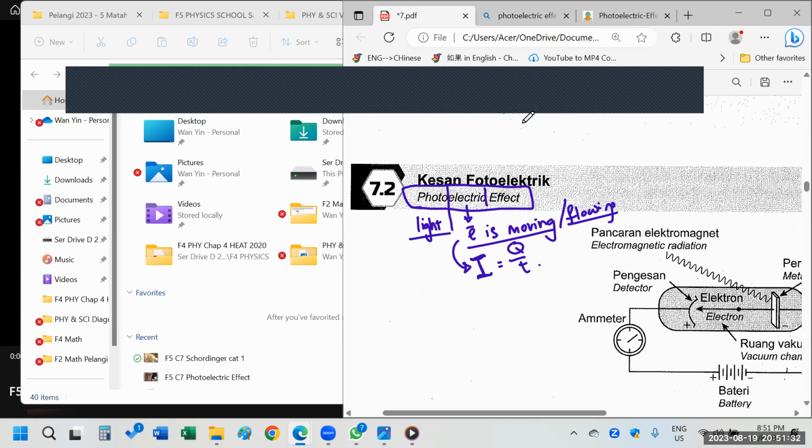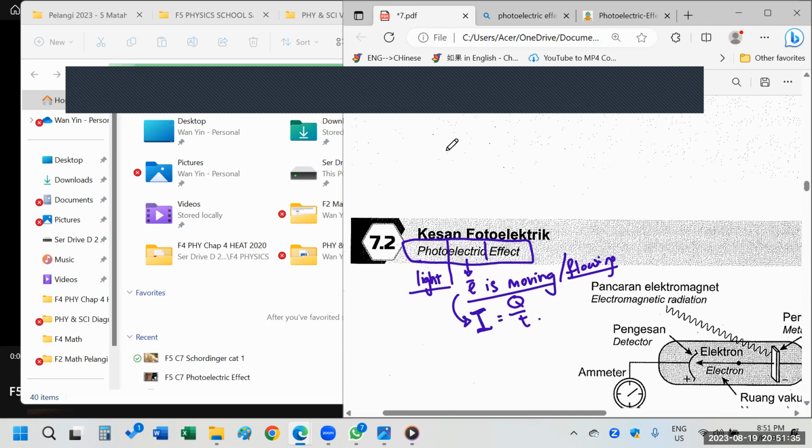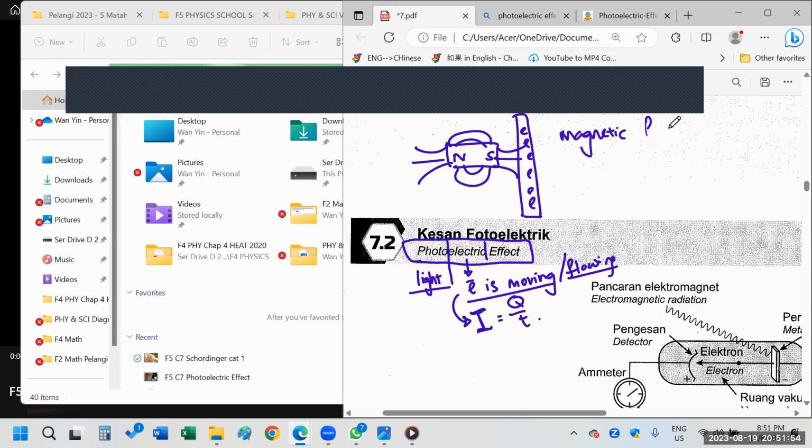Before this, we learned electromagnetism, right? Faraday's law. Faraday's law says that when the magnetic flux cuts a conductor, current I is induced.